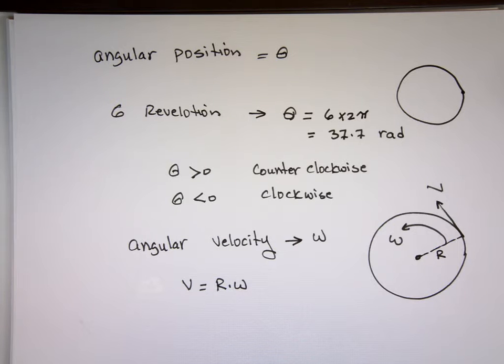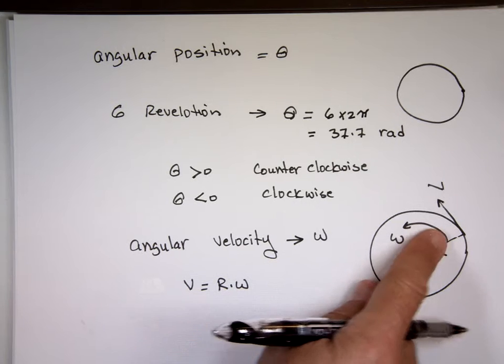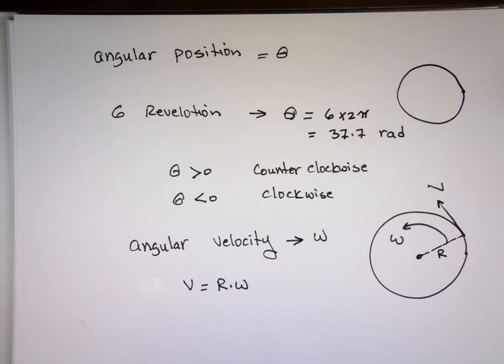The more RPM, revolutions per minute, that's speed. The higher the number, the faster you're going to move. The lower the number, the slower your speed. Using that equation, V equals R times W.